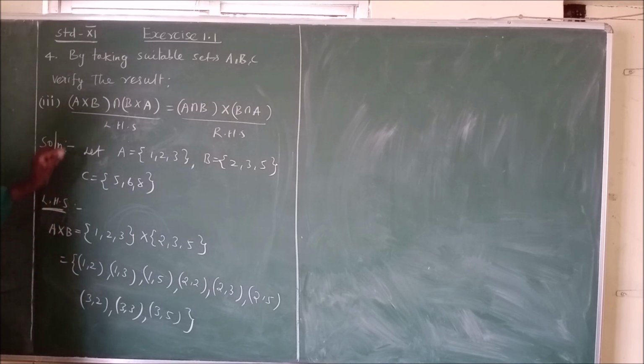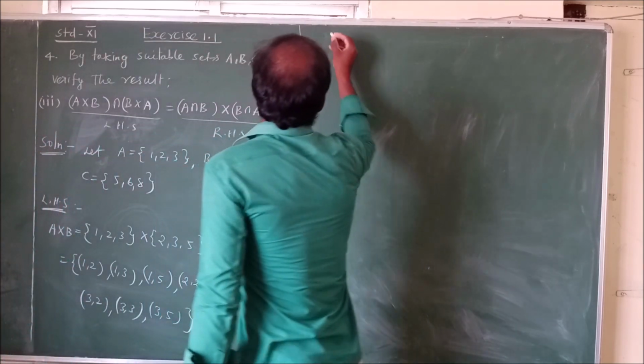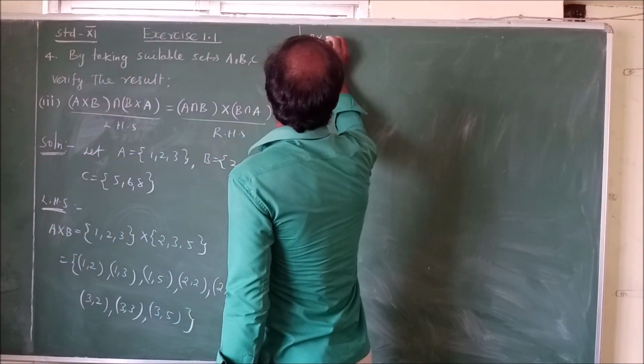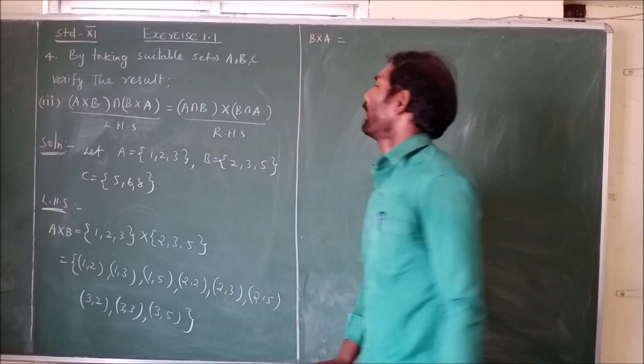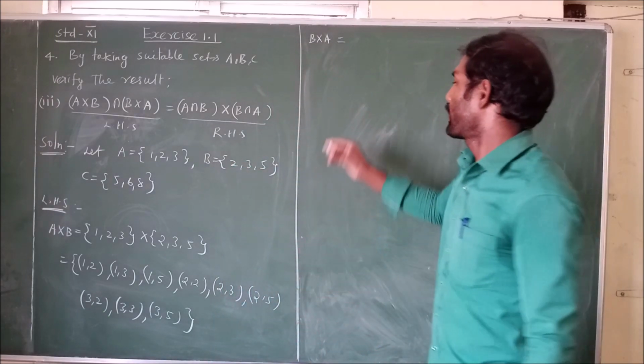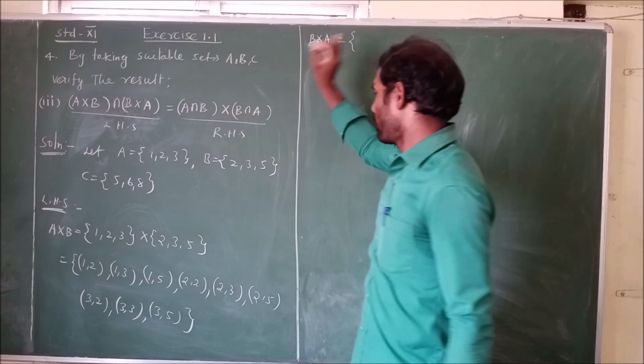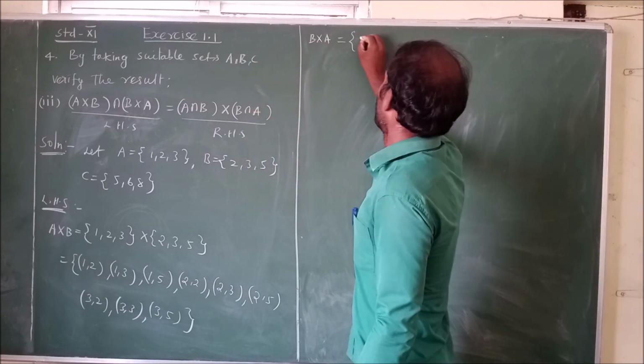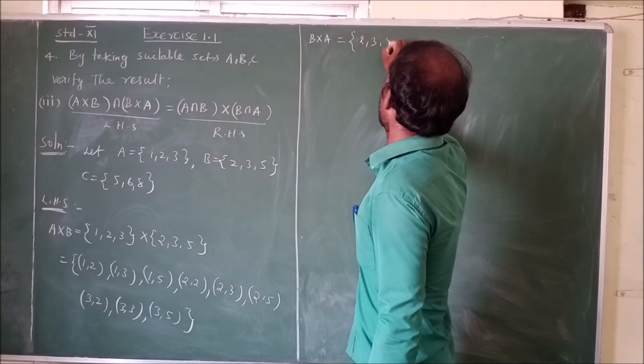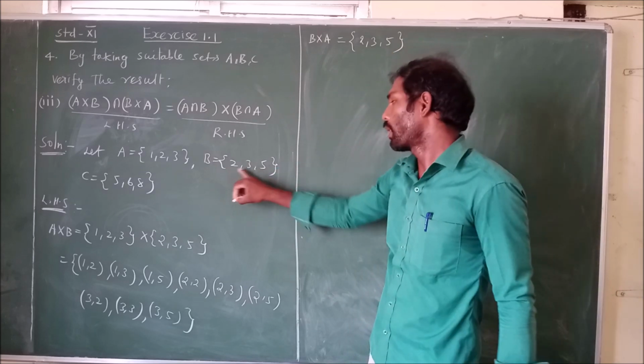Again, second we have to find out B cross A. B cross A is nothing but the Cartesian product of the first set B {2, 3, 5} and the second set A {1, 2, 3}.